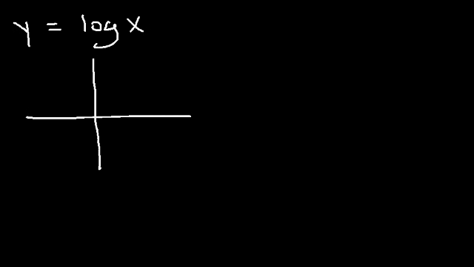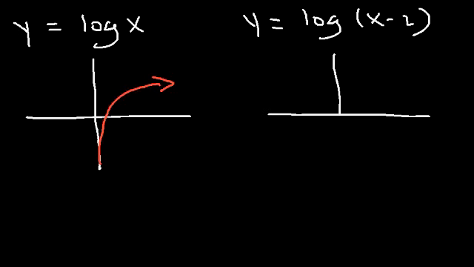Now, starting from this function, how can we graph the following functions? And let's just draw a rough sketch. So if log x is basically that function, what is log x minus 2? The vertical asymptote is going to shift 2 units to the right.